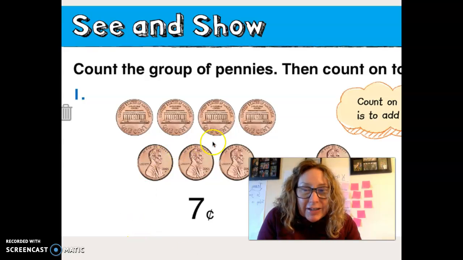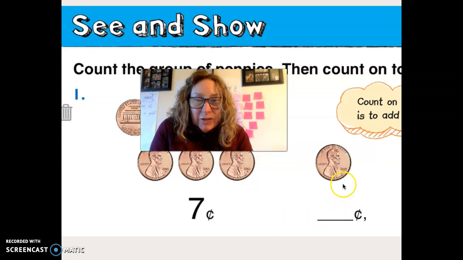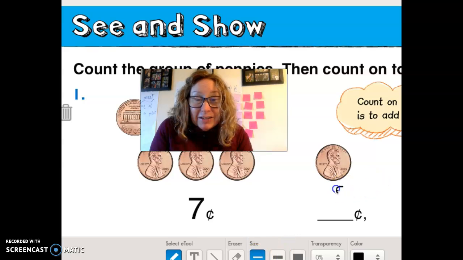If we look at this group of pennies and we count the group of pennies and then count on to add, let's see, there's 7 and then there's 1 more. So if we have 7 and then we're adding 1 more, 7, what comes after 7? 8. So 7 plus 1 is 8.